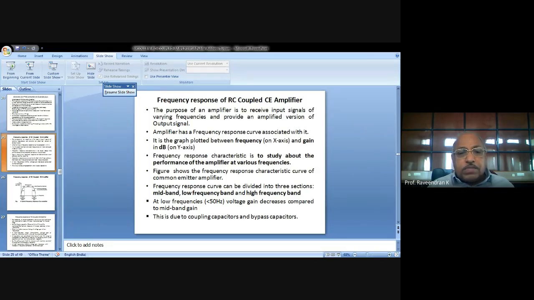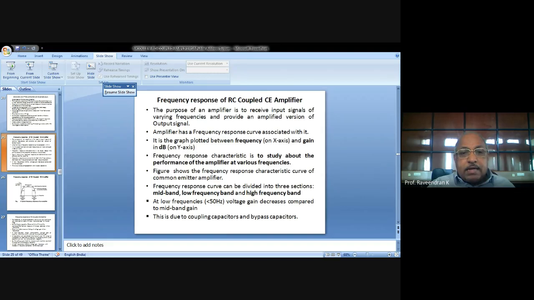The lower frequency point is called the lower cutoff frequency, represented by F1 here. What is the significance of this frequency? It is at this frequency that the gain of the amplifier is reduced to 0.707 of the midband gain.